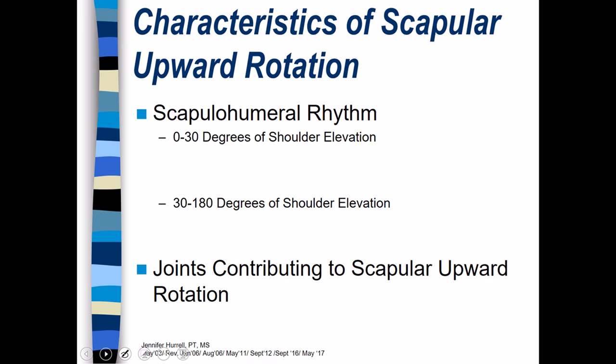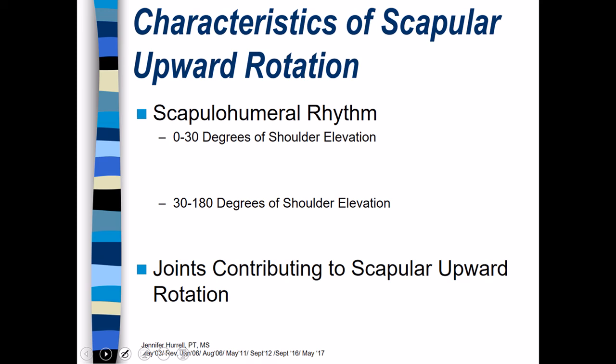All right, so basically here's what happens between 0 and 30 degrees of shoulder elevation. And let me define elevation for you now. Elevation is basically anything that gets the arm overhead. It could be flexion, that gets the arm overhead. It could be abduction in the pure frontal plane. That gets the arm overhead. That's a form of elevation.